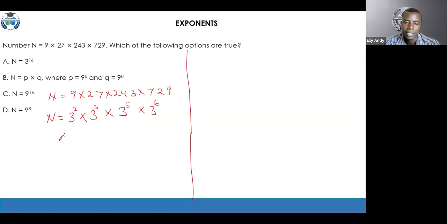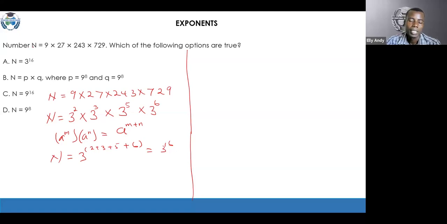So remember what we said, that a to the m times a to the n will be a to the m plus n. So in this case, our n will be 3 raised to 2 plus 3 plus 5 plus 6, which gives us, this is 5, 10, 16. So saying that n is equal to all this is the same as saying n is 3 power 16.